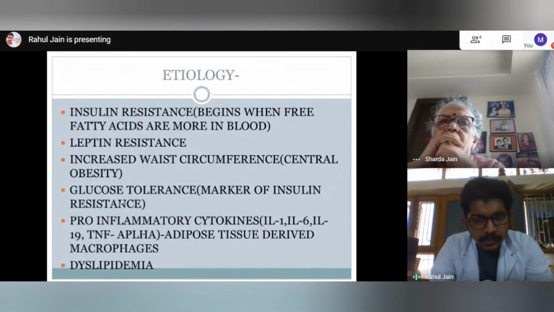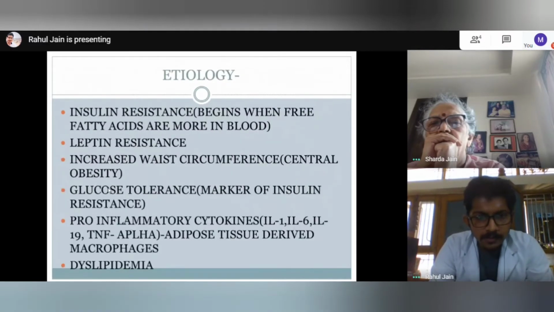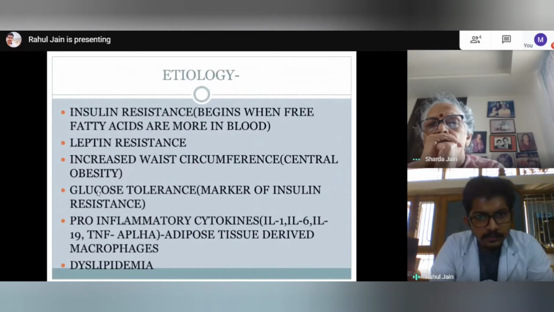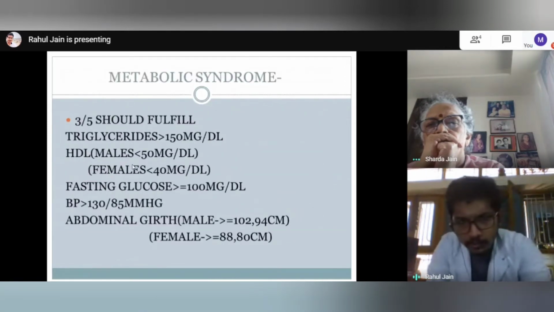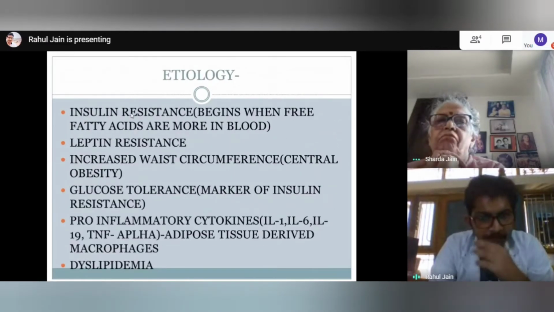When I talk about LDL and HDL, that comes under dyslipidemia. Glucose tolerance comes under insulin resistance, and also more fasting glucose. Then even hypertension, so BP, is an etiology of metabolic syndrome. Then we have increased waist circumference, which is also part of the metabolic syndrome criteria, abdominal girth, and then even leptin resistance.